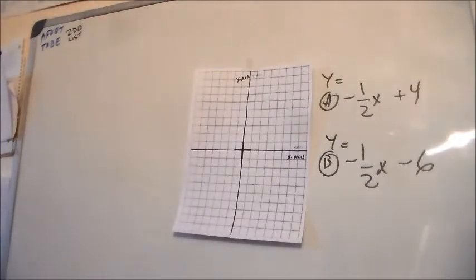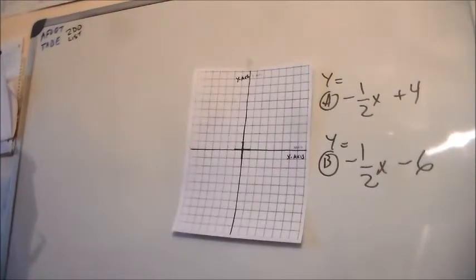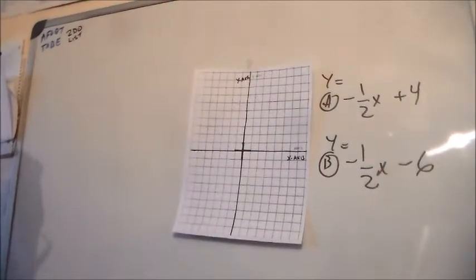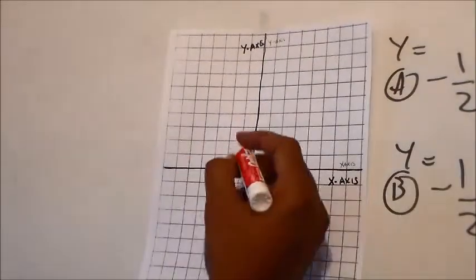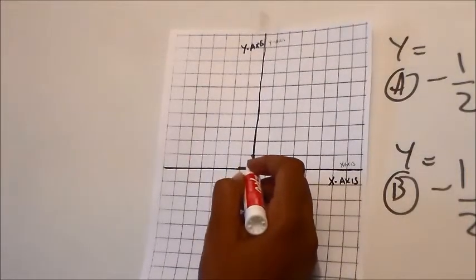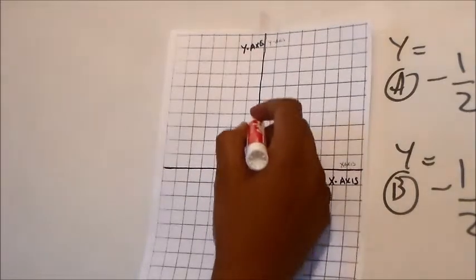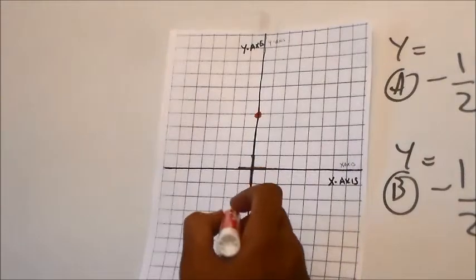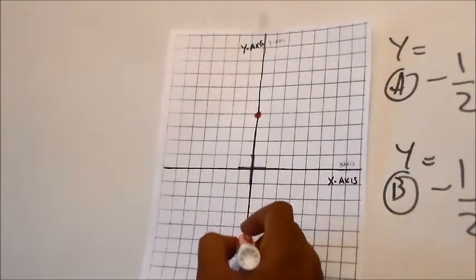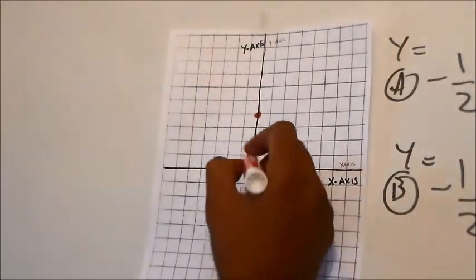The second thing we know is that at positive 4 and negative 6, those are the Y-intercepts. Equation A, 1, 2, 3, 4. Equation B, 1, 2, 3, 4, 5, negative 6. This is the origin.